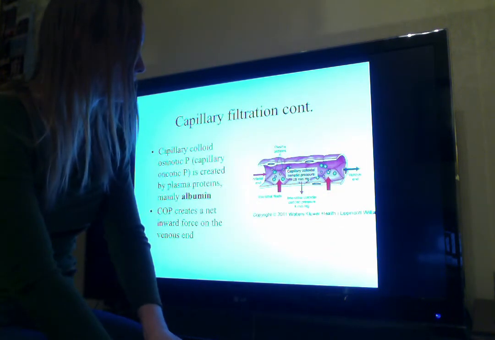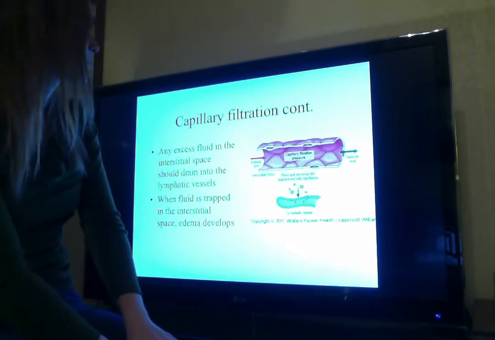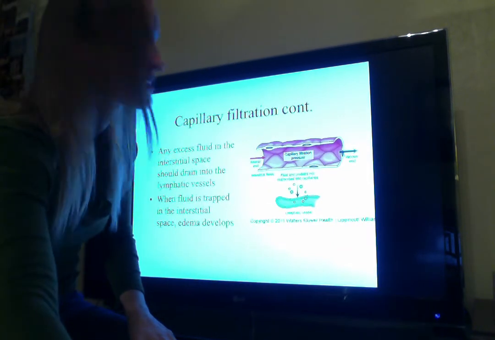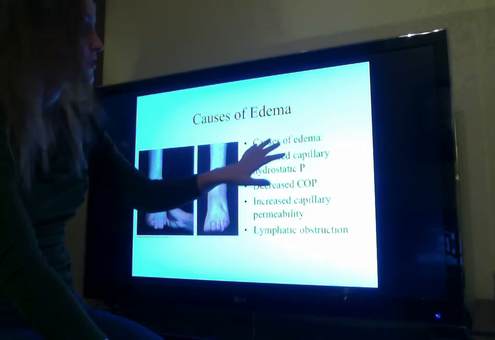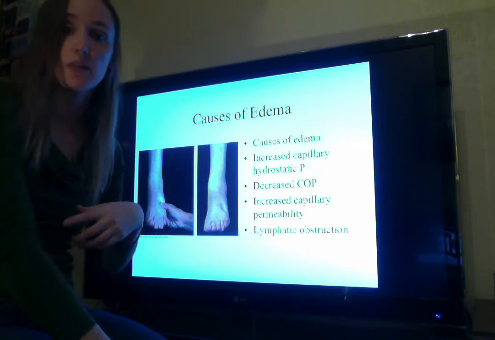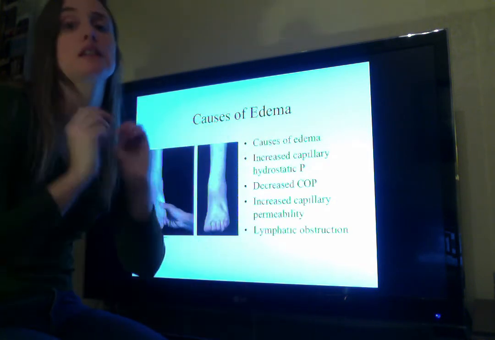Okay? And then anything that's not taken up is in the lymph vessels. And then the causes of edema. If we have increased hydrostatic pressure, if our pressure is just really, really high, of course we're going to have more leaking out.